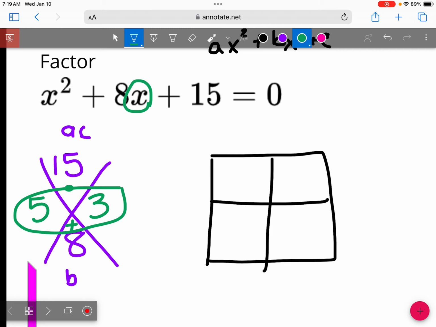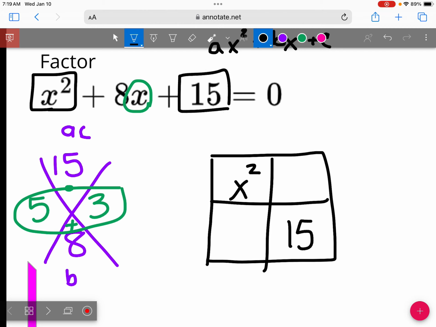It tells us how that splits into two parts, because we need it to split into two parts to fill in our box. In this box, we take the whole A term from the equation, the X squared. We take the whole C term, the 15. We use the X frame to find these two middle values using the middle variable. So we're going to have 5x, 3x.